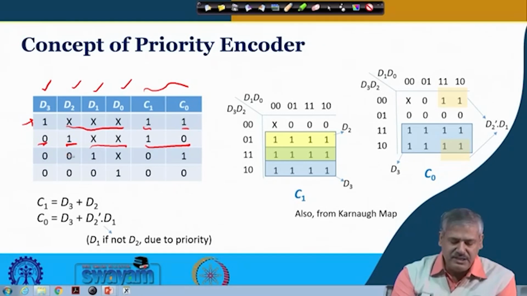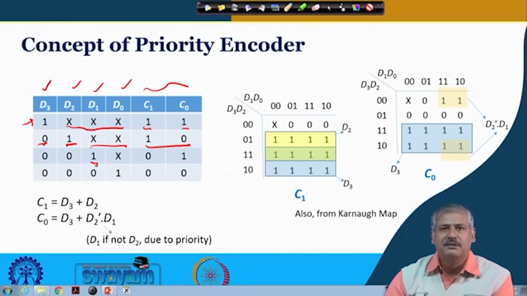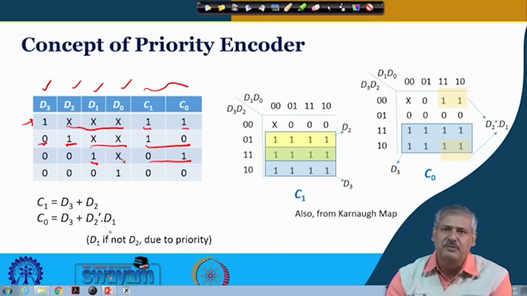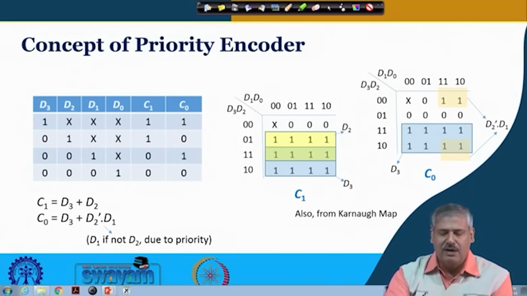Similarly, if D3 and D2 are 0, then D1 will be seen in the output irrespective of whether D0 is simultaneously pressed or not pressed, okay, and finally D0, which is 0 0. Okay. So, this is what we see as the truth table.